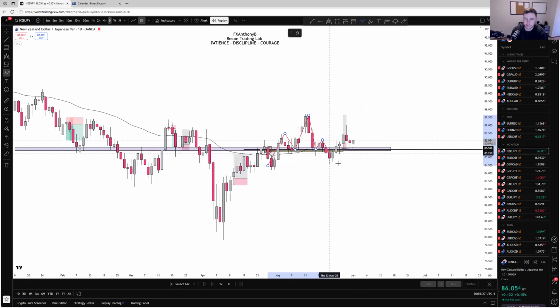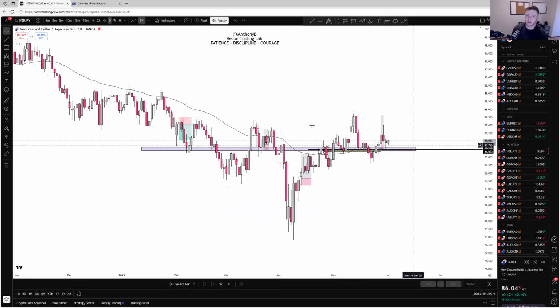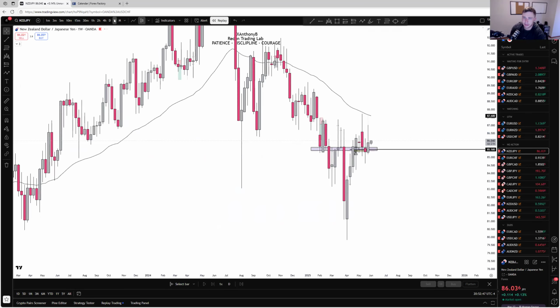Well, it didn't confirm. It dumped a little bit. Yeah, that's a pretty good dump, depending on where your stop loss is. And then psych, reversal, see you later. So now, do we think this is our right shoulder? We don't know.